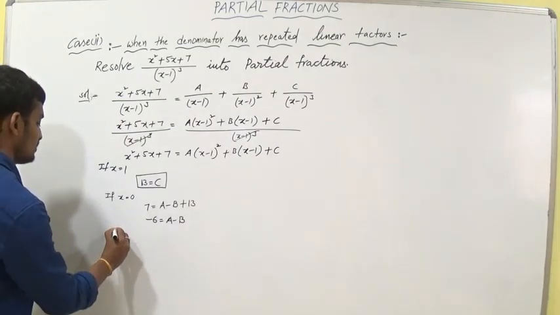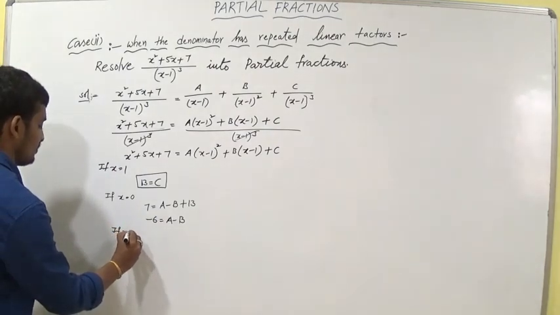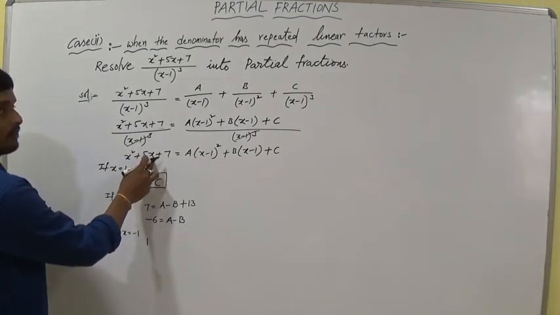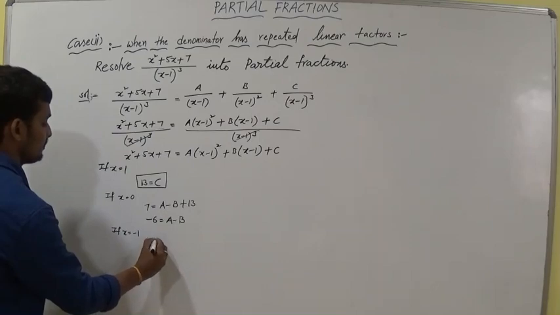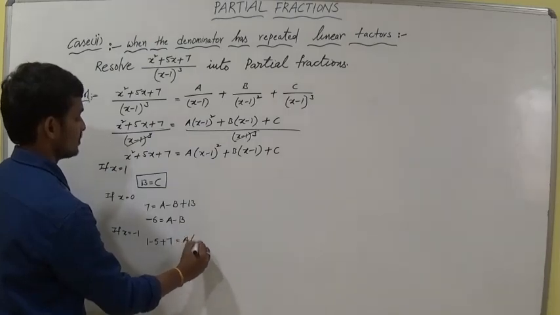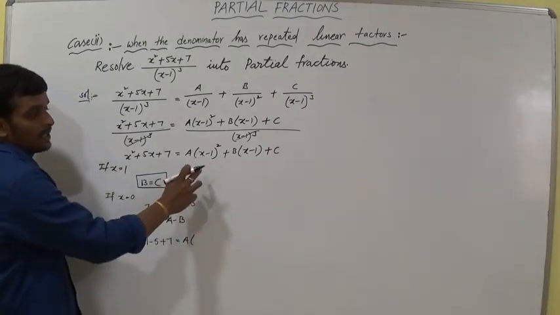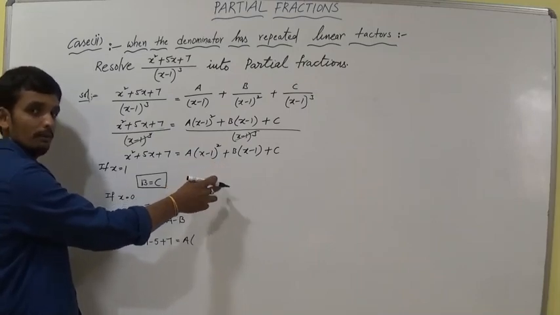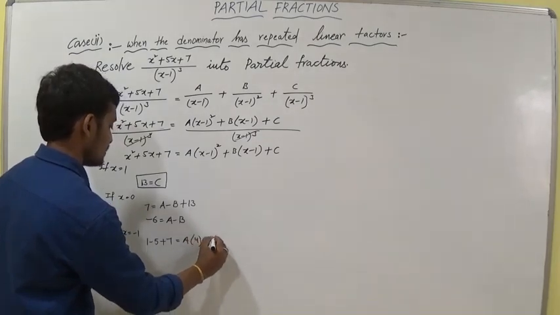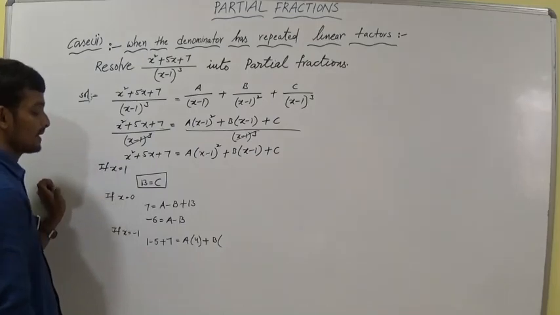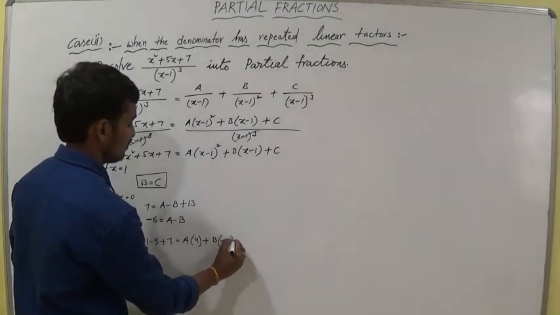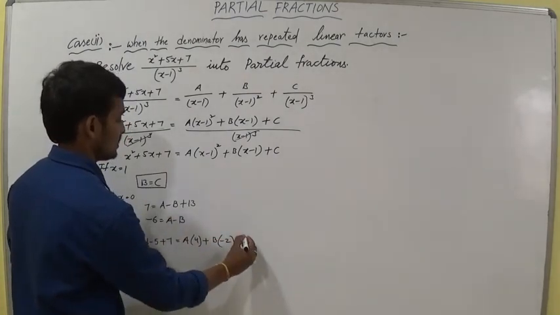So if x is equal to minus 1, minus 1 whole square 1 minus 5 into minus 1 is minus 5 plus 7 is equal to a into, observe here, x minus 1, minus 1 minus 1 is minus 2 whole square 4, that means a into 4 plus b into x minus 1, minus 2, that means b into minus 2 plus c value is 13.